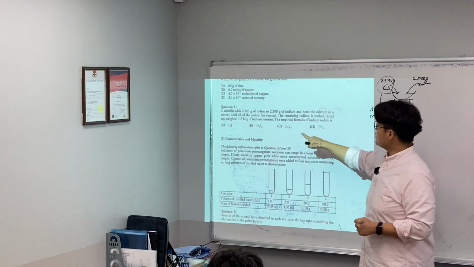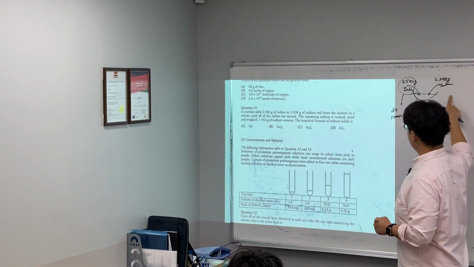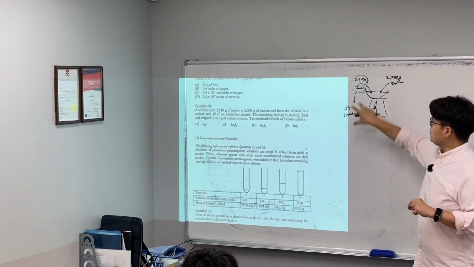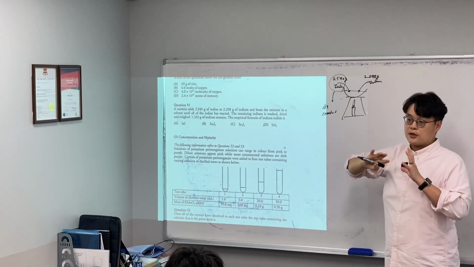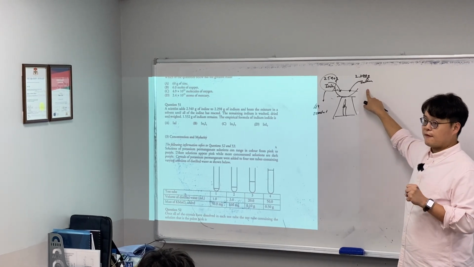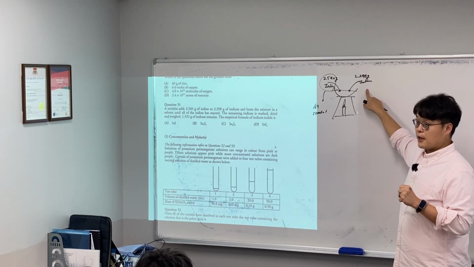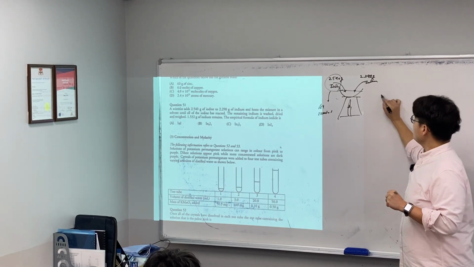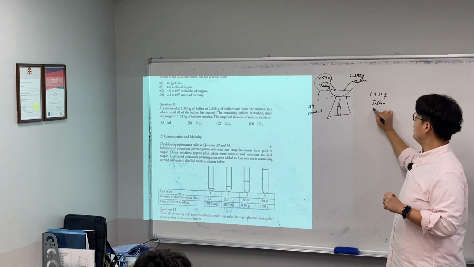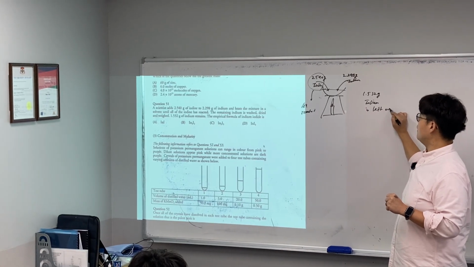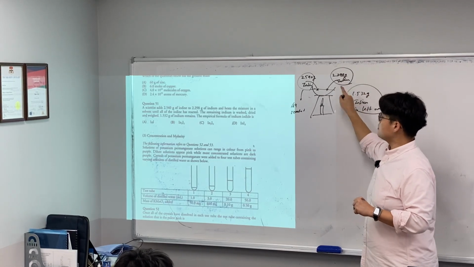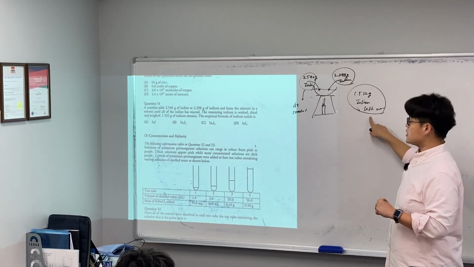The remaining indium is then washed, dried, and weighed. Very important to understand that all of the iodine got used, but some of the indium is left over. Does that make sense? So how much is left? 1.532 grams of indium is left over. We're given this much indium, and now this much is left over.